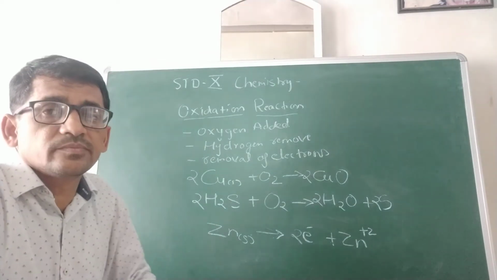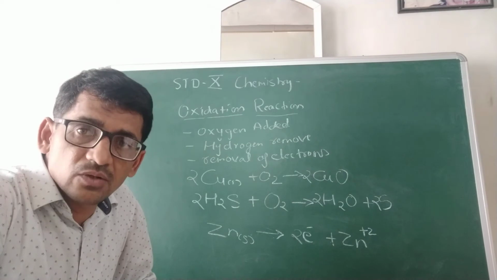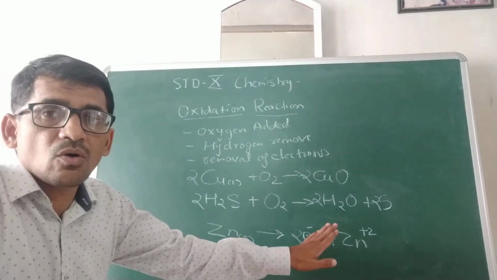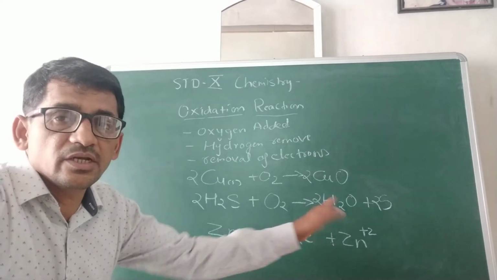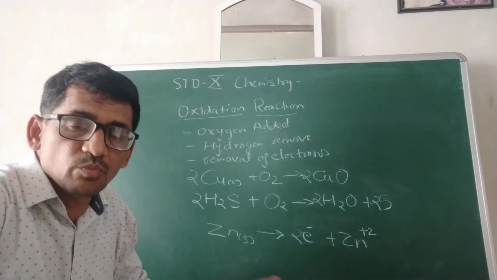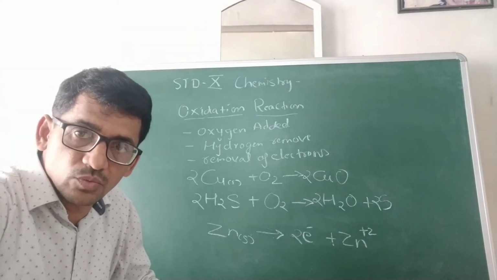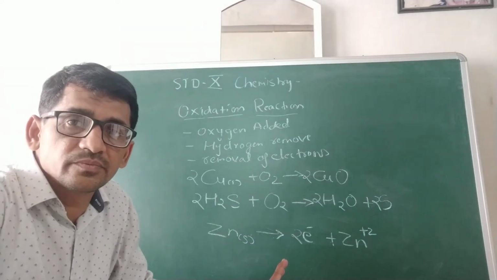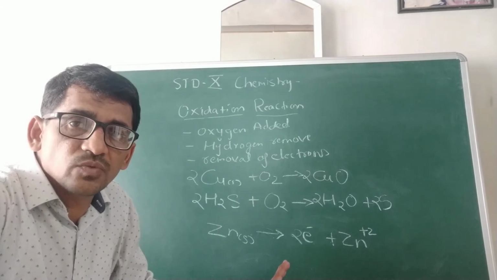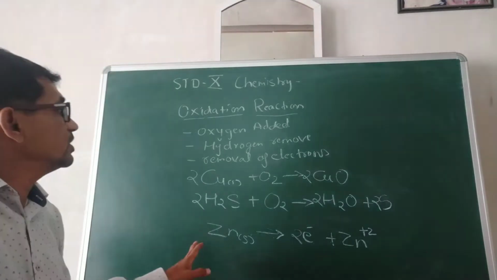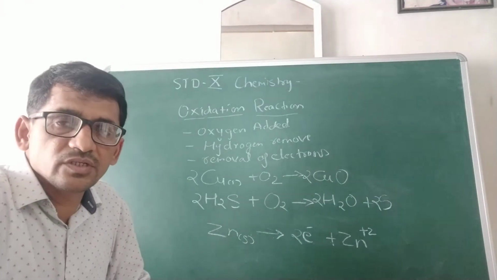Zinc has 2 electrons in its outermost orbital, that's why during reaction it donates, or loses, 2 electrons. If a particular atom has only 1 electron in the outermost orbital, then its valency is 1. If it has 3 electrons, then valency is 3. This type of reaction is known as oxidation reaction.